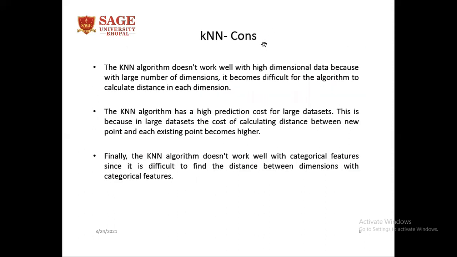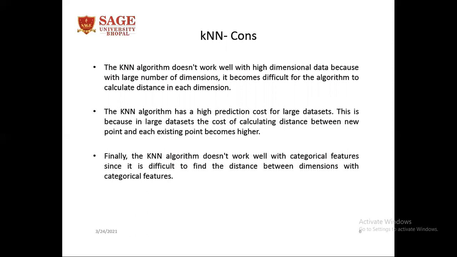Now there are some cons of the KNN algorithm also. The KNN algorithm doesn't work well with high dimensional data because with a larger number of dimensions, it becomes difficult for the algorithm to calculate distance in each dimension. Okay, if your number of data points is increasing, then your computational complexity is also high. So the KNN algorithm has a high prediction cost for large data sets.